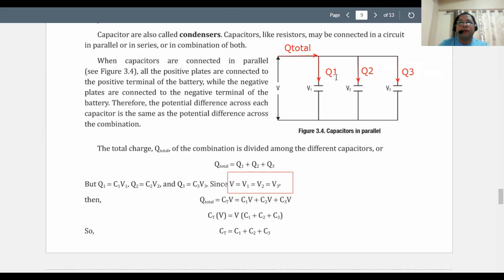If there's a source of water, it splits into 3 different directions. The water will simply split into 3 smaller pipes. But if you add them up, it is still equal to the source water. So thinking of an analogy for charges that split into 3 different directions, our total charge Q sub T, or Q total, is simply equal to Q sub 1 plus Q sub 2 plus Q sub 3.